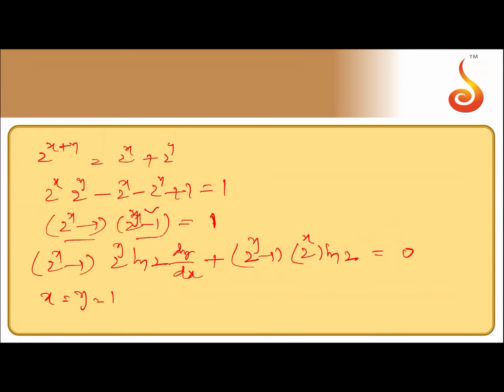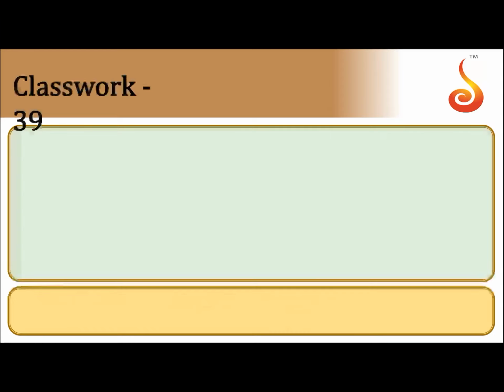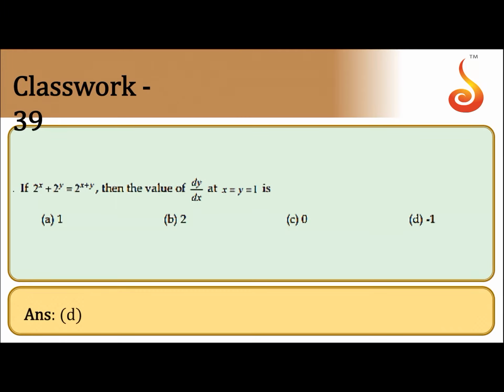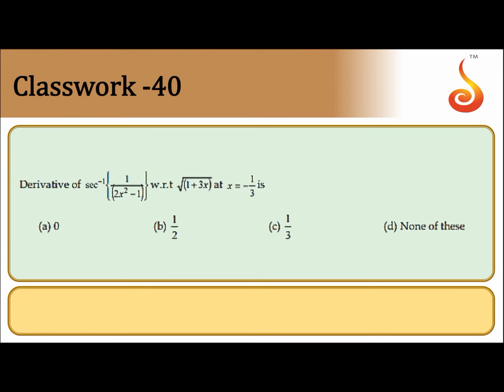By substituting x equals y equals 1, this becomes 1 and this is 1, thereby we get 2 log 2 into y dash plus 2 log 2 equals 0. Cancelling, clearly you get y dash equals minus 1. So minus 1 is the answer.